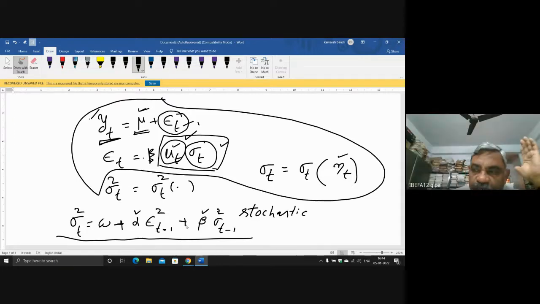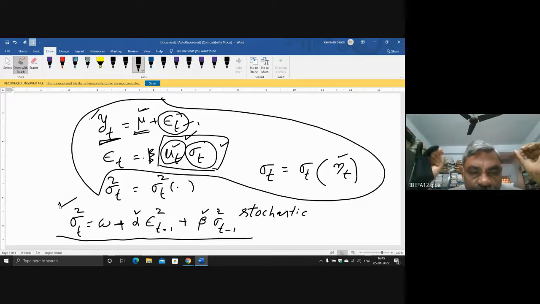No, it's not like that. See, what is it that we are trying to explain? We are explaining a process for volatility, that means volatility is evolving in a volatile fashion. In its evolution, which is a deterministic evolution, there are two components that contribute.